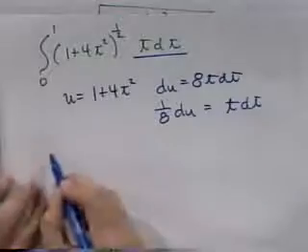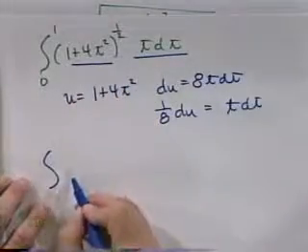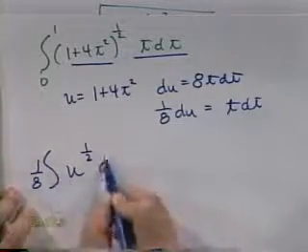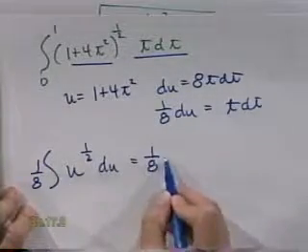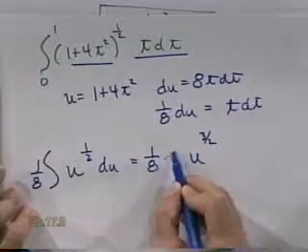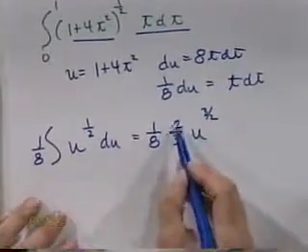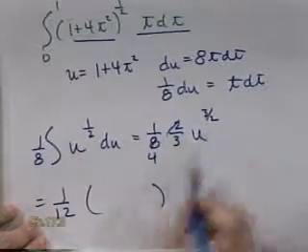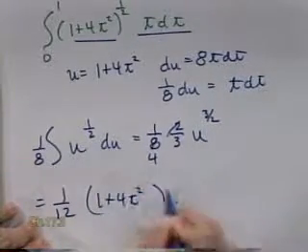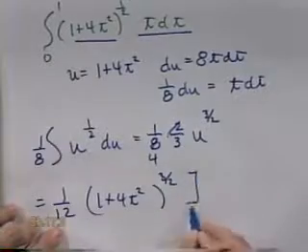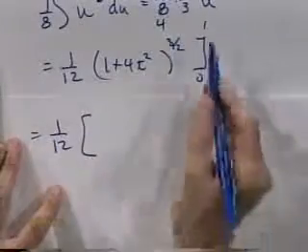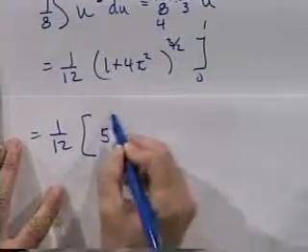So this integral becomes the integral of u to the 1/2. t dt I replace with 1/8 du, which gives me 1/8 times, increase my exponent by 1, divide by the exponent. Let's see, 2 goes into 8 4 times. So I have 1/12 times u, where u is 1 plus 4t squared, to the 3/2 as t goes from 0 to 1. This is equal to 1/12 times, if you pop a 1 in here, you have 5 to the 3/2.